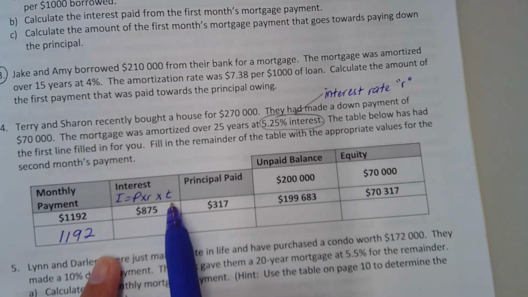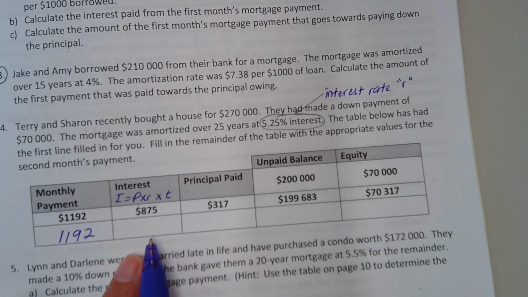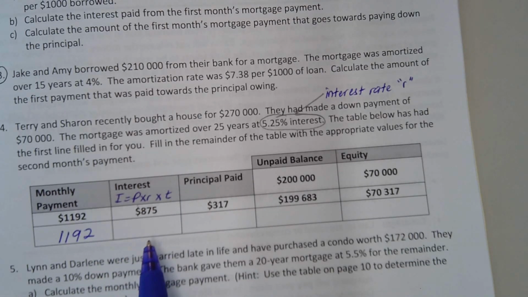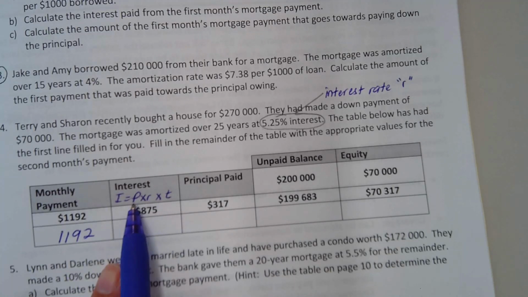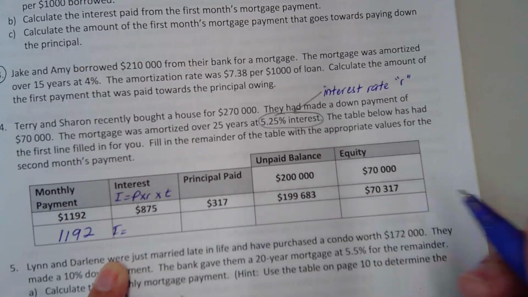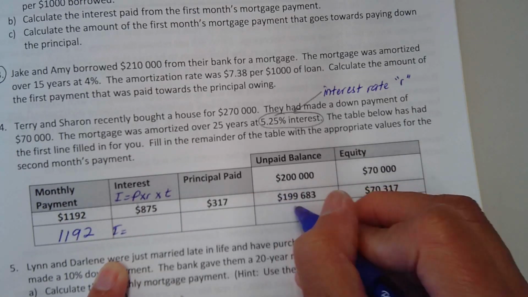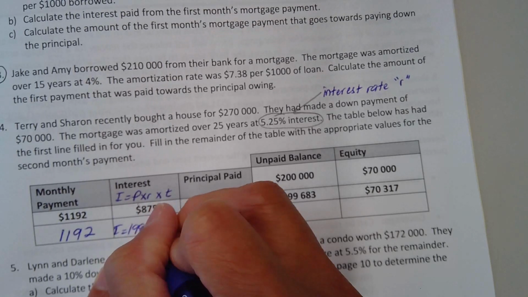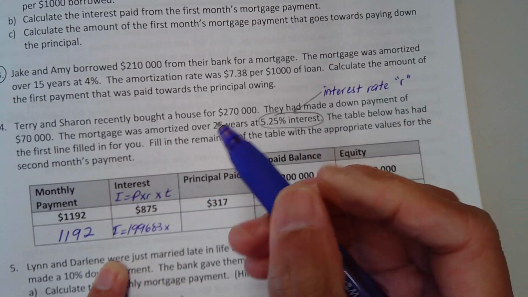So how can we calculate the interest here? Times it by the percent, and times it by the years. Yeah, times it, okay. What is our P value? 199,000. 199,000, correct, right here, right? 199,683 times the rate.